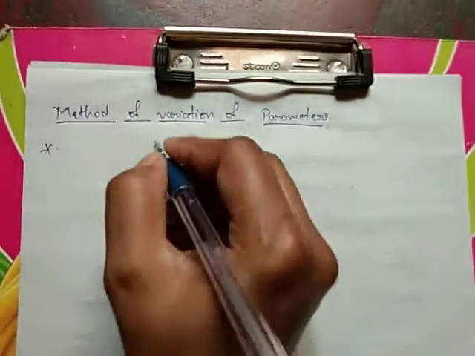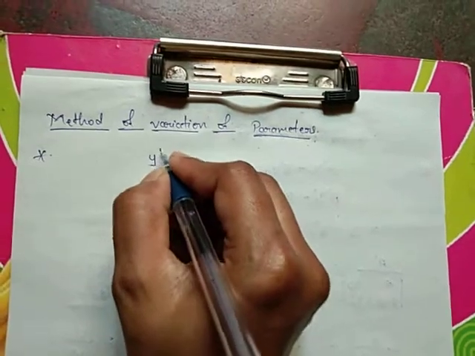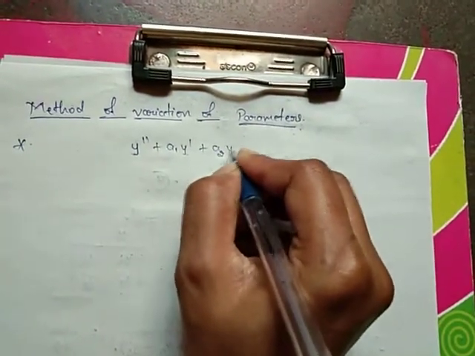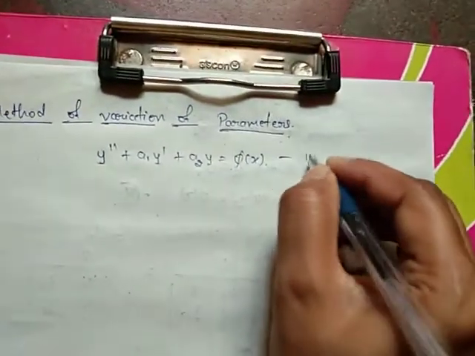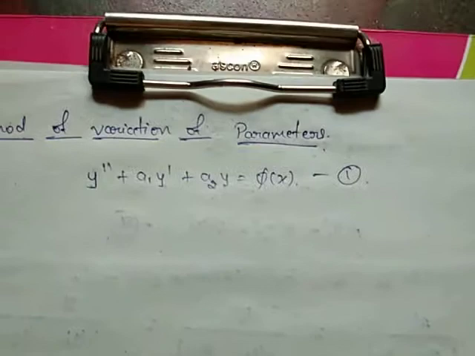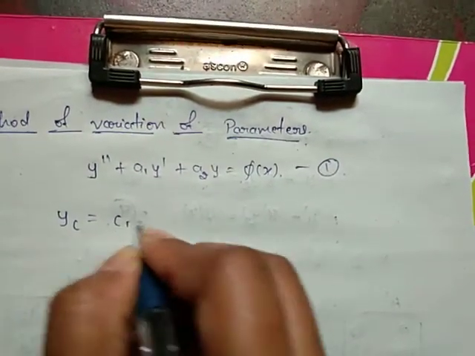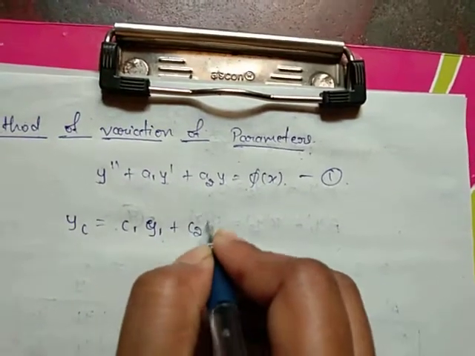So I am considering here the second order equation, that is y double dash plus a1 y dash plus a2 y equal to xi of x. Consider a general second order equation, so that the complementary function of the equation becomes yc equals c1 y1 plus c2 y2.